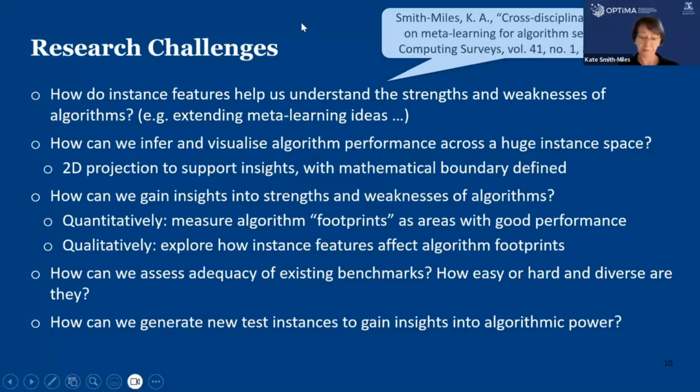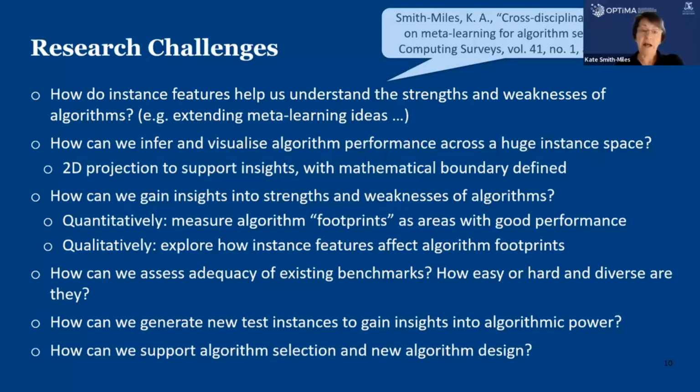And we have a methodology using genetic algorithms that helps us evolve instances to live anywhere in the space we need them to enrich the diversity. And finally, we can use all of this to support automated algorithm selection, and even new algorithm design insights to generate new algorithms as well.